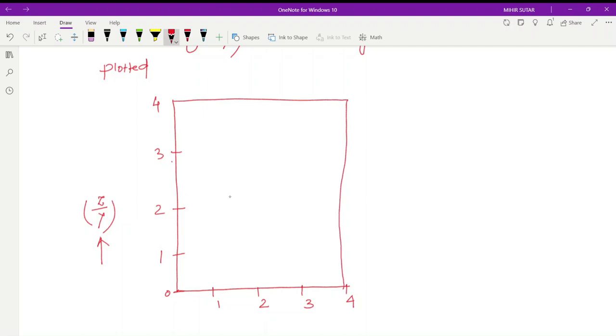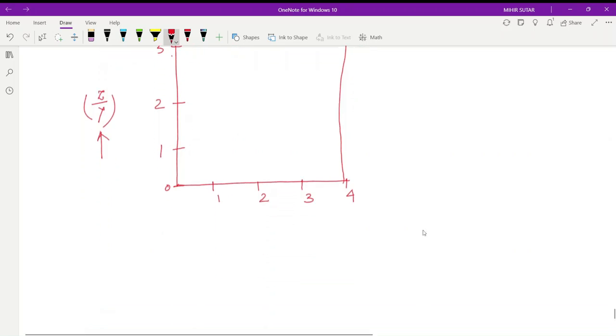Now if you plot, this horizontal coordinate is for omega by omega n, right?